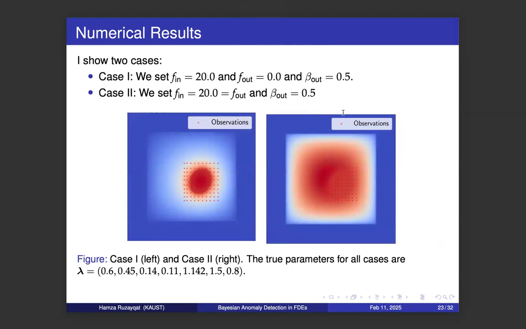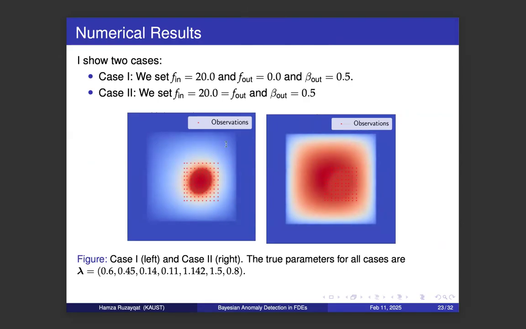Okay, I move now to the numerical results. So I'm going to show two cases here. The first case, we set the source function to be 20 inside the anomaly and 0 outside. And also we set beta out to be 0.5.